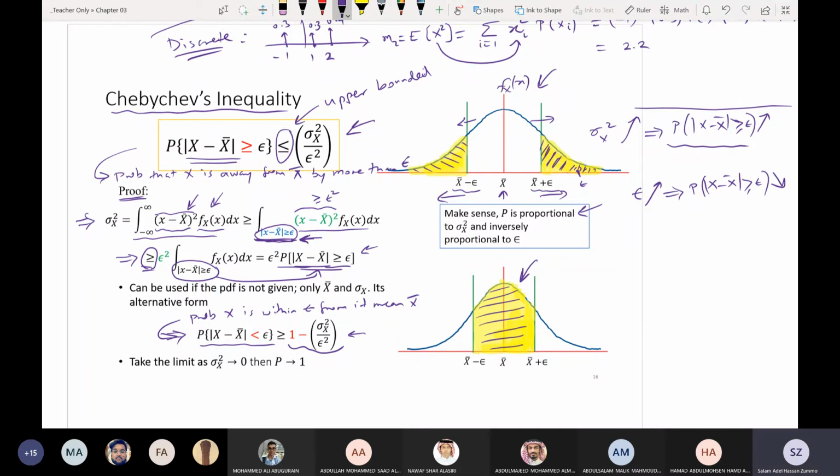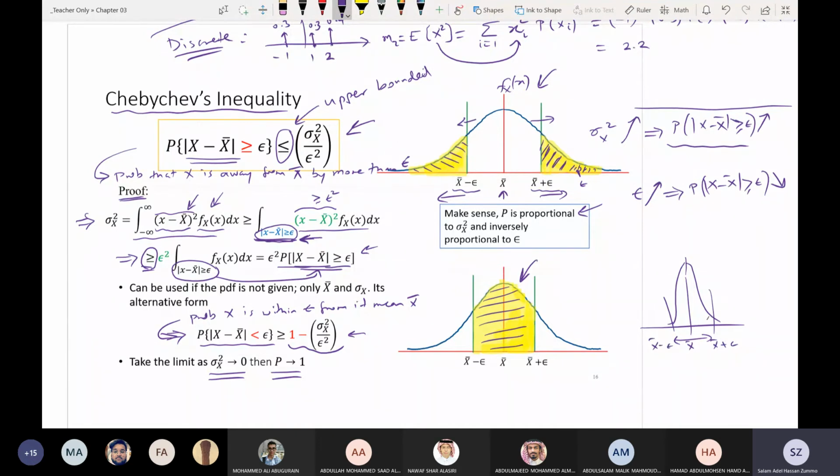Now, if we take sigma squared to 0, what do we get? This probability approaches 1. Sigma squared to 0 means that the PDF becomes very narrow. In this case, this is x bar, this is x bar plus epsilon, and this is x bar minus epsilon.